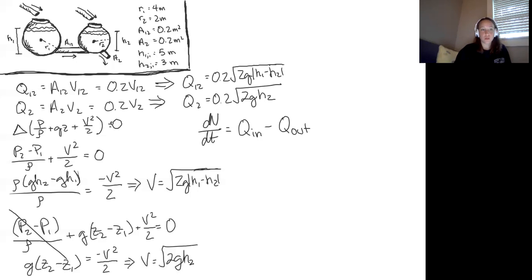And if we want to apply this to both tanks, we can take it over here and say that the change in volume of tank 1 with respect to time is equal to the flow rate into tank 1 minus the flow rate out of tank 1.